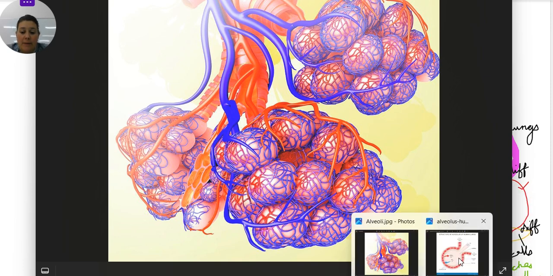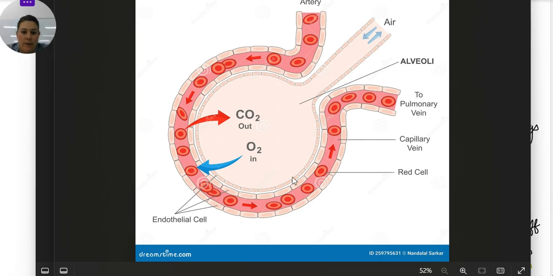If we look at an even smaller level, now we've just got one alveoli. You can see there's air coming in here as you breathe in. Inside the air is oxygen, and that oxygen is going to diffuse from that air sac into the blood. The CO2 that's in the blood is going to diffuse into the air sac, which you will then breathe out.